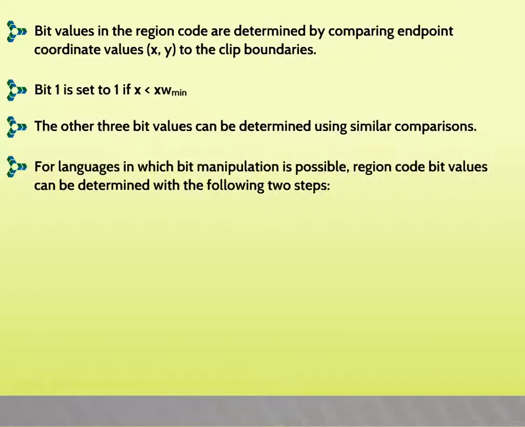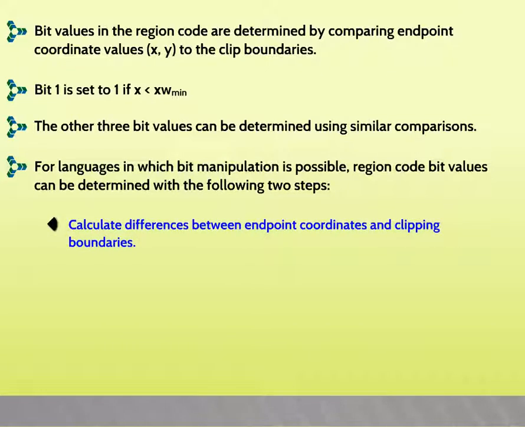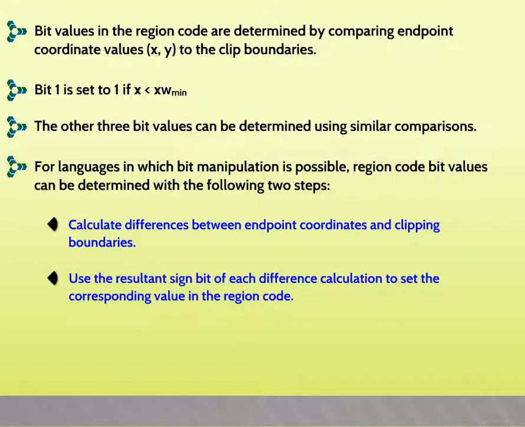For languages in which bit manipulation is possible, region code bit values can be determined with the following 2 steps. Calculate differences between endpoint coordinates and clipping boundaries. Use the resultant sign bit of each difference calculation to set the corresponding value in the region code.